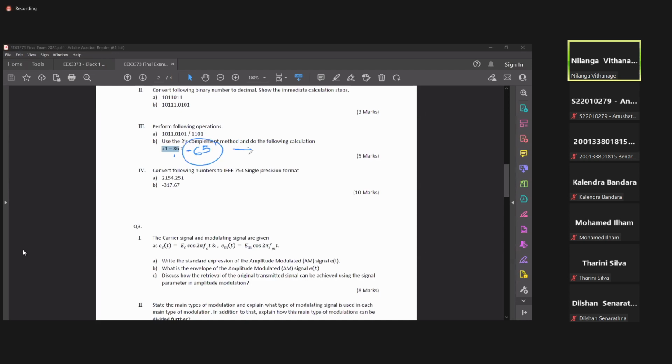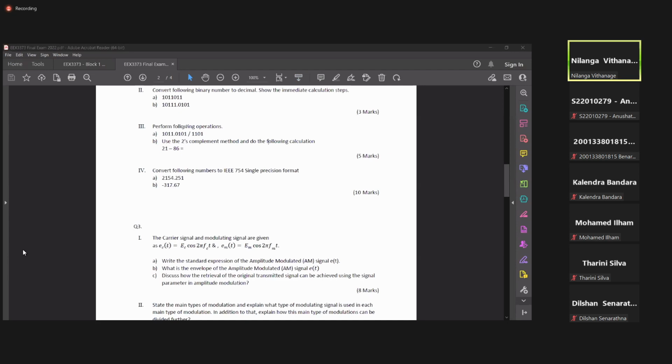You can convert this one into binary format. So that is one method, but we won't give any marks for that, right? So you have to use the 2's complement method to get the answer. I mean, if you need the marks, you have to use the correct method, right?